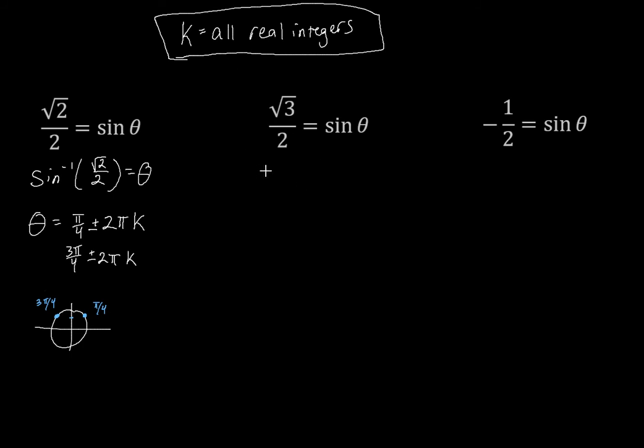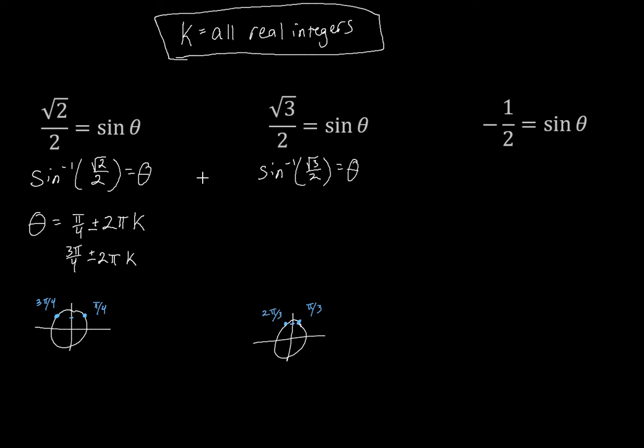Again, I take the inverse sine of both sides. And so now my question is, when does sine equal root 3 over 2? Looking at my unit circle, sine is the y value, so root 3 over 2 is up here and here at pi over 3 and at 2 pi over 3.